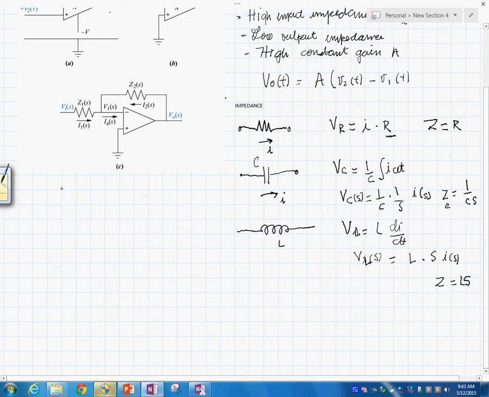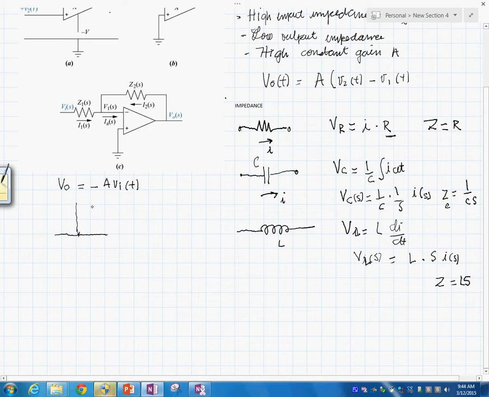So the very first one is you're going to say that the output of this is going to be equal to minus A times V sub 1 of t. Now, in this corner here, maybe I'll just do it so that we understand each other really well.